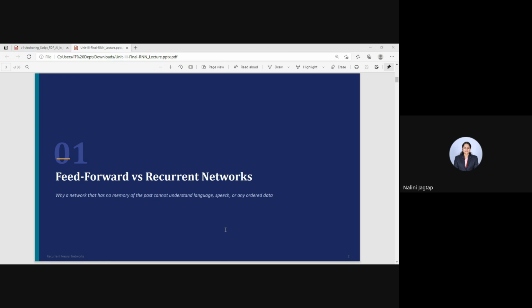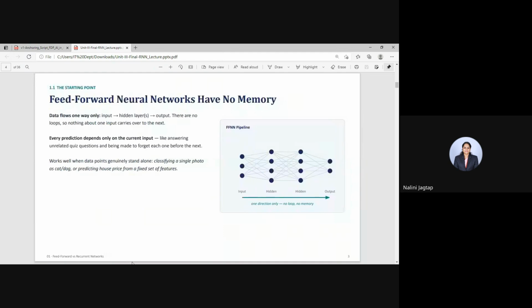Each input is a completely fixed-size, self-contained unit of information. So in these scenarios, the feed forward network works perfectly. Correct. Moving ahead, let's see why we say that it has no memory. I have already told you that there is no memory for this feed forward network.